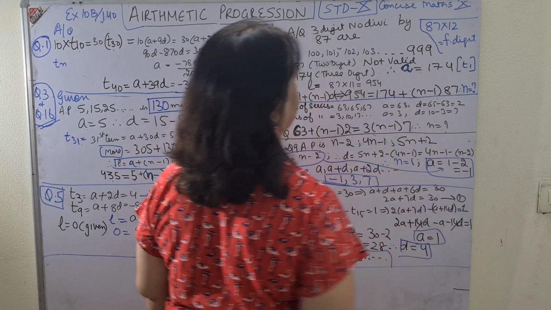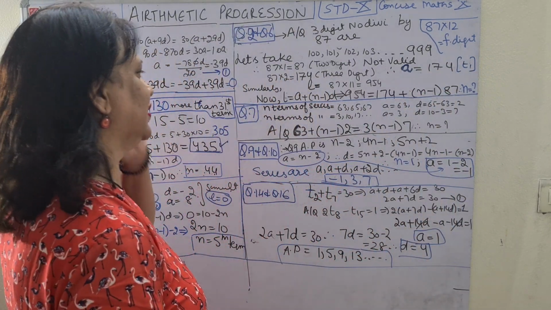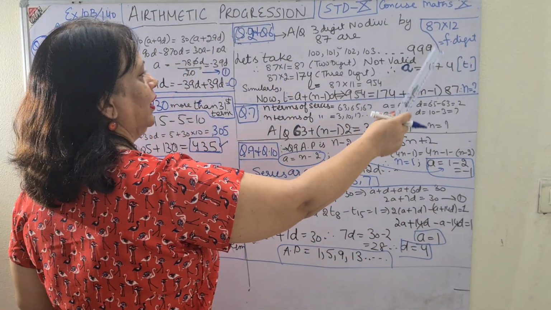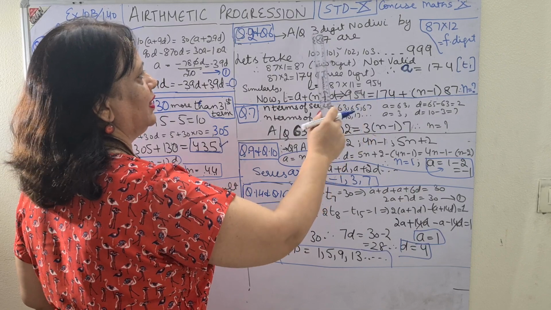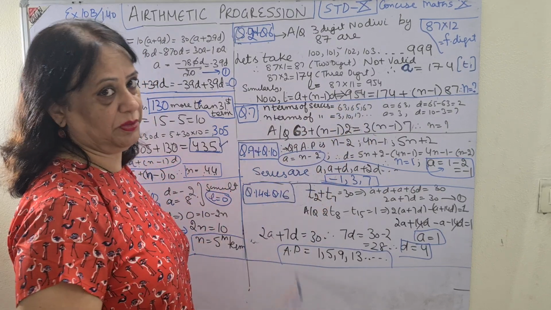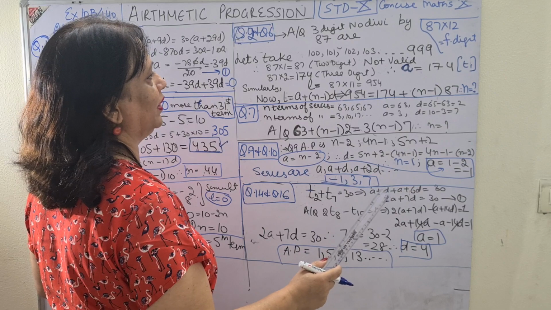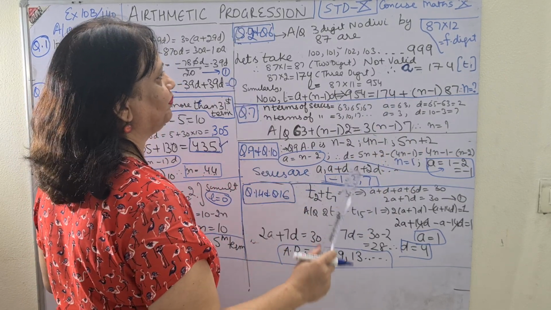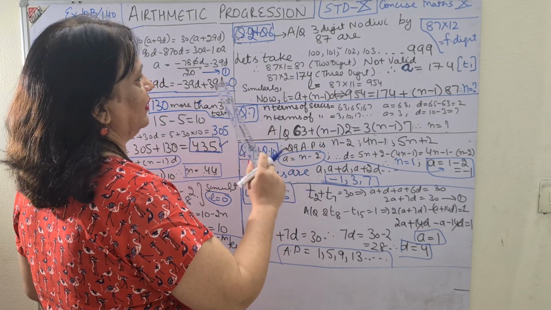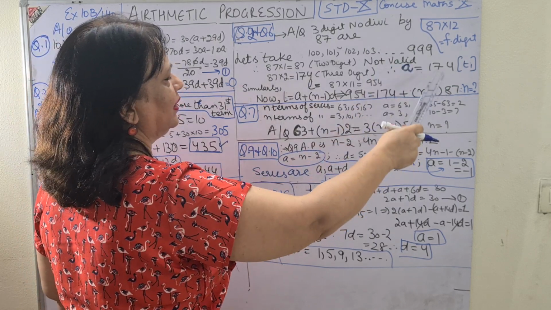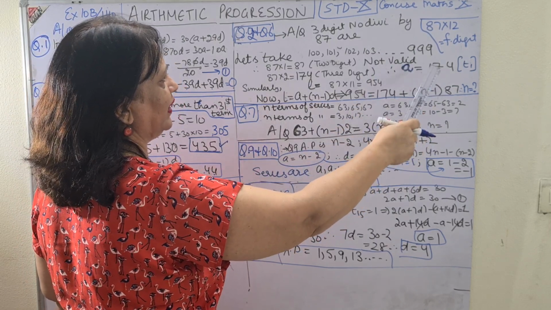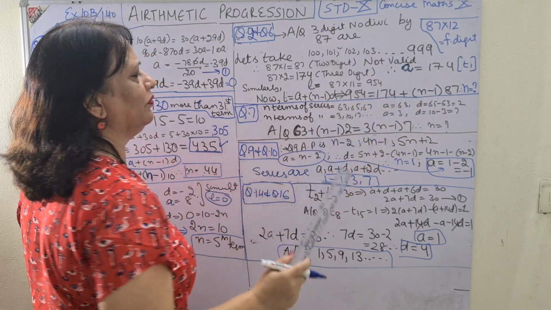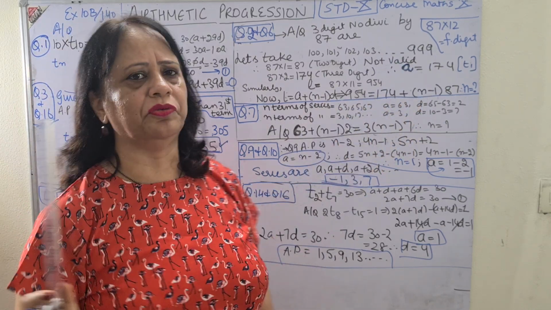T1 means first term. Then come to the last term. Last term is 999. But if you divide 999 by 87, it is not possible. So find the number which is less than 999 but divisible by 87. So you follow the method. From 999, you go to 998 and so on. Ultimately, when you do these sums, you will come to know how to find the numbers.